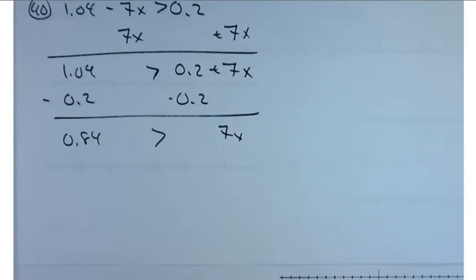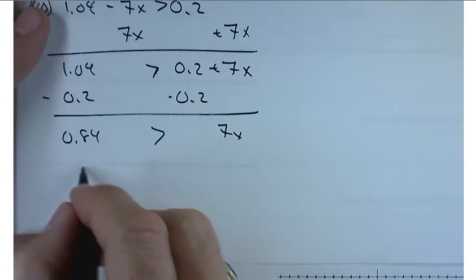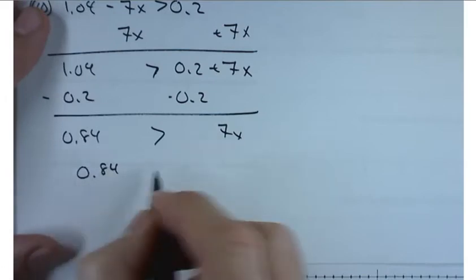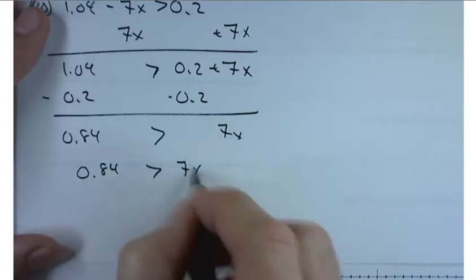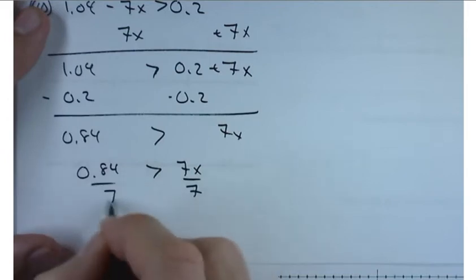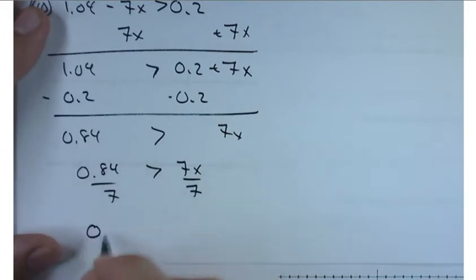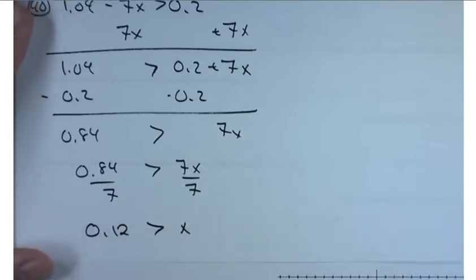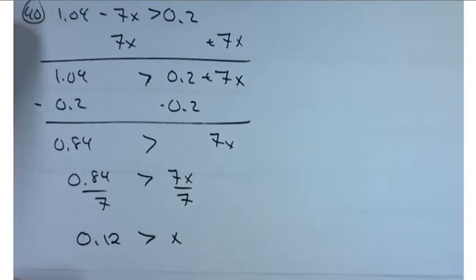If you don't have a calculator, a lot of us might feel comfortable multiplying by 100, but if you do have a calculator, take 0.84 and do what? Thank you. Divide by 7. So 0.12 is greater than x. So what I'd like you to do is graph that and come up with the interval notation.